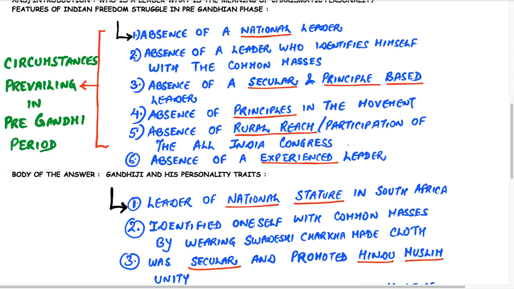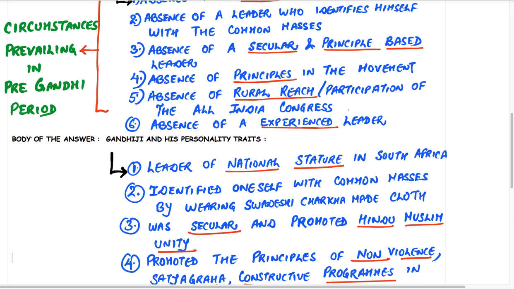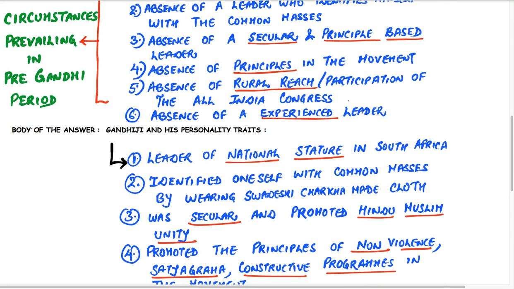Second, he identified himself with common masses; until then, India had no leader who did so. Third, he was secular, and at that time in India there was absence of a secular leader. Fourth, the principles were absent in the movement, and Gandhiji promoted the principles of non-violence, satyagraha, and constructive programs in the movement.